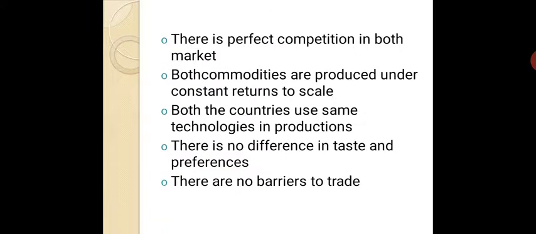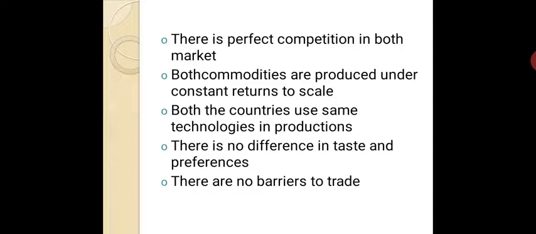Next, there is perfect competition. Perfect competition means a large number of buyers and sellers in both markets. And both commodities are produced under constant returns to scale. Next assumption, both countries use the same technology, that is, the method of production is the same.